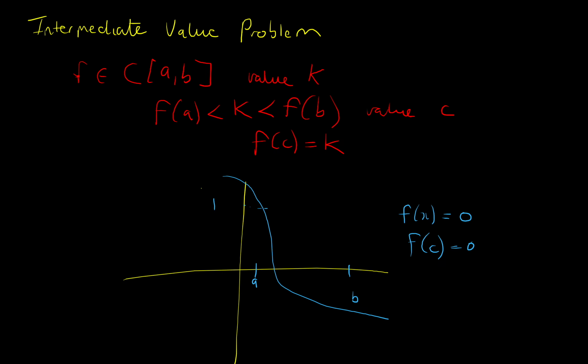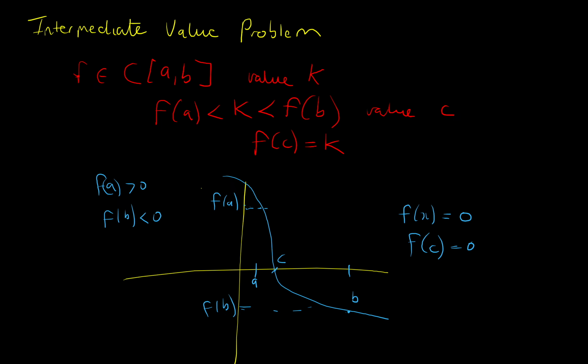And we've got f of a, which would be the y value at that point, and f of b, which would be the y value at b. And if f of a is greater than 0, so it's above the x-axis, and we've got f of b which is smaller than the x-axis, then there must be a value c in between the two that the value f of c would be equal to 0.